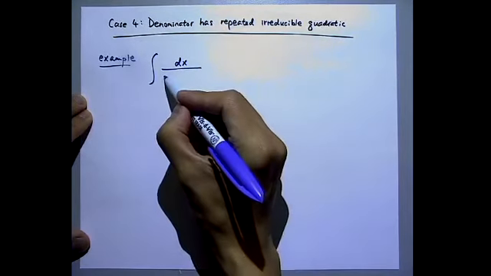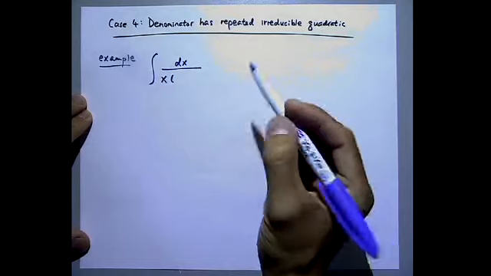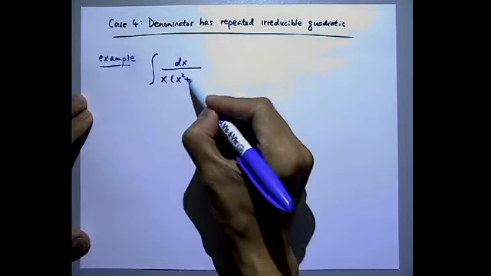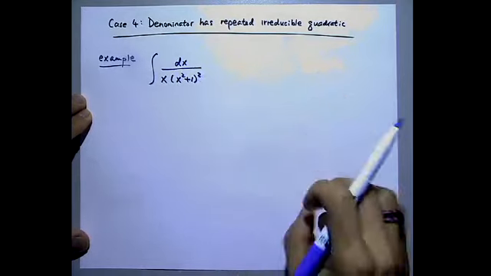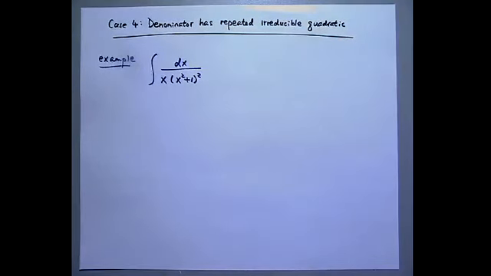Here we want to integrate this: 1 over x times x squared plus 1, the whole thing squared, dx.